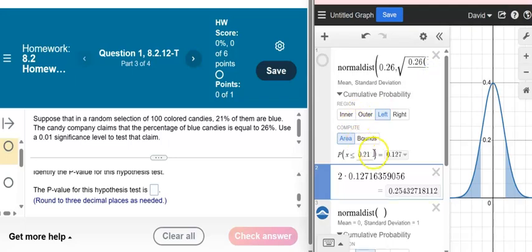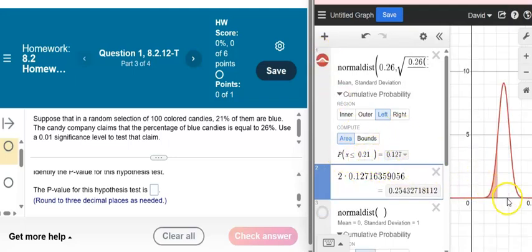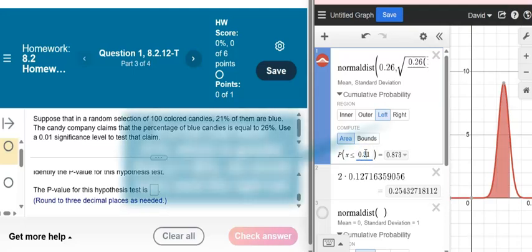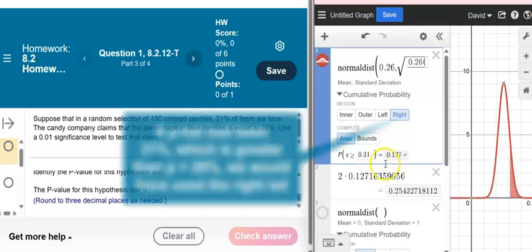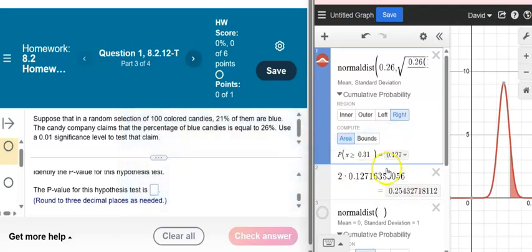You just have to remember you're going to go into the tail that you're closest to. So when I did it with this one, my p hat was below p, so I went further into the left tail. So if I had been to the right, for instance, I would use the right, and that's into the right tail, and that's that same number. It's just doubled down here to get the probability.